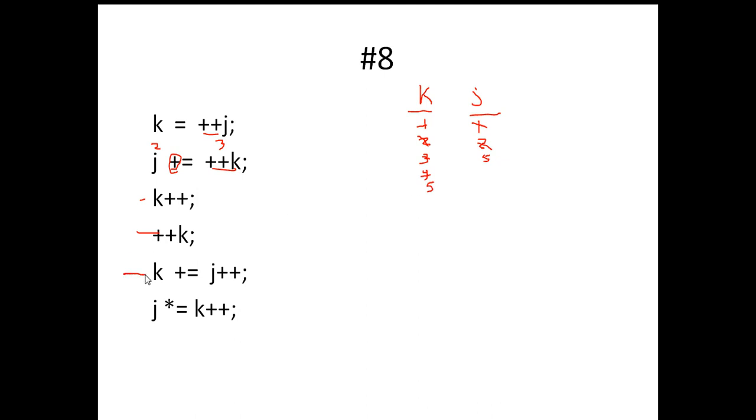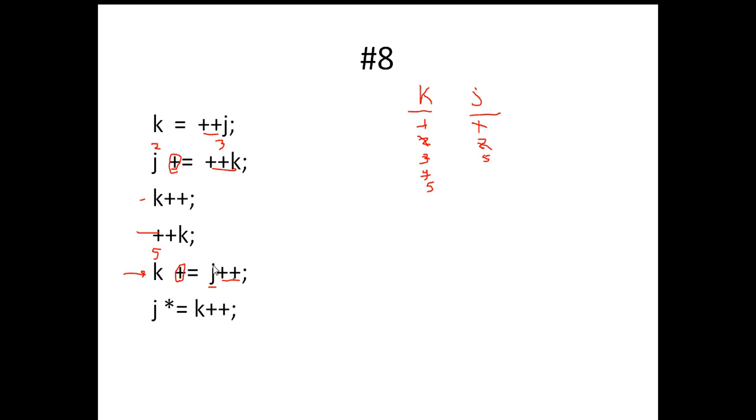The next line is K is going to be added. K, which is now 5, is going to be added to J. Now, is it J or the increment of J? Since the variable comes before the incrementation operator, we use J before it gets incremented.